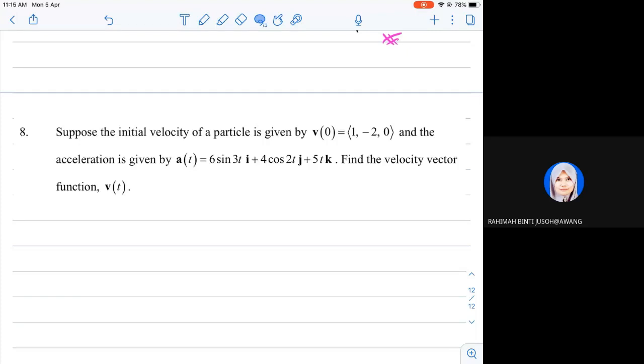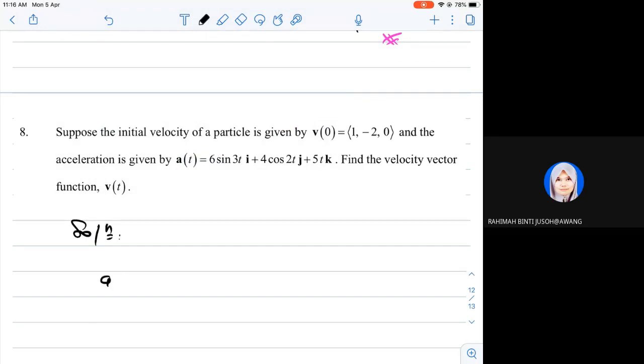Dia nak apa sebenarnya guys? Cuba baca tu soal nombor 8 tu. Dia nak apa sebenarnya? Velocity. Dia nak velocity. Okay, dia bagi apa? Dia bagi acceleration. Acceleration. Okay, very good. Dia bagi acceleration. Yes. So, jom kita solve soalan ni.